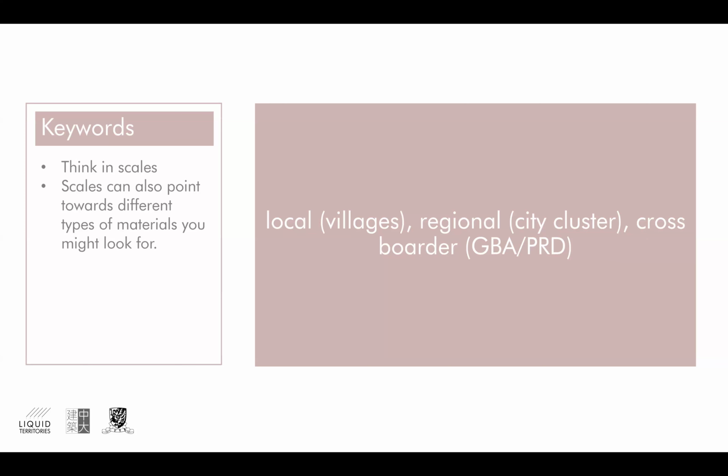And on a cross-border or national scale, you might look into state level policy documents, strategies, and also colonial records, which point towards different areas of colonial settlements of different eras and the shaping of different borders. Also, you may look into international trade statistics.